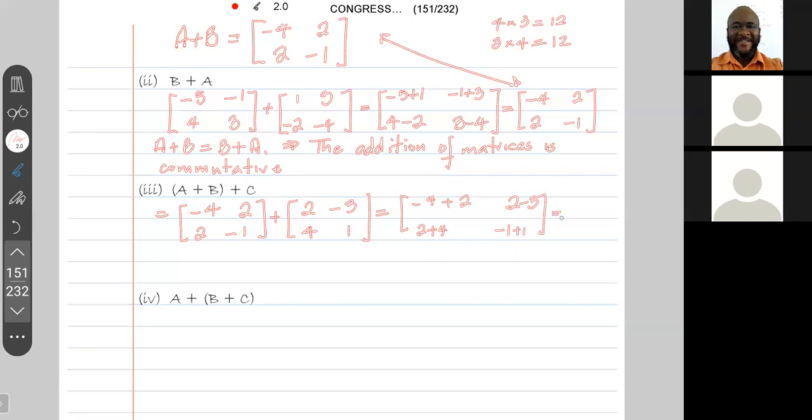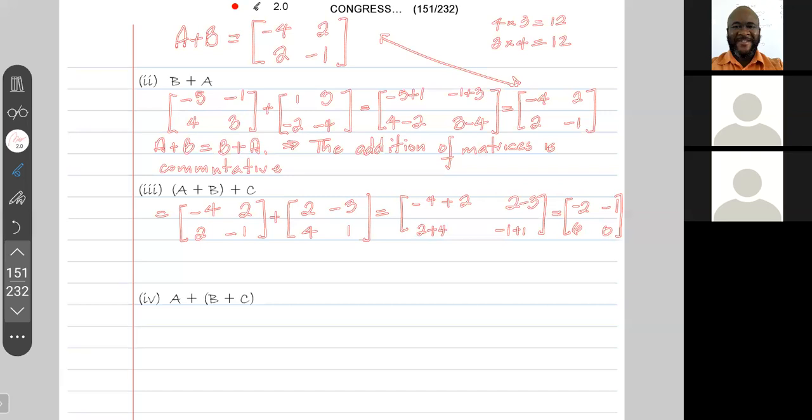So the final answer here is minus 2, minus 1, 6, and 0. So A plus B in brackets plus C is equal to minus 2, minus 1, 6, 0.